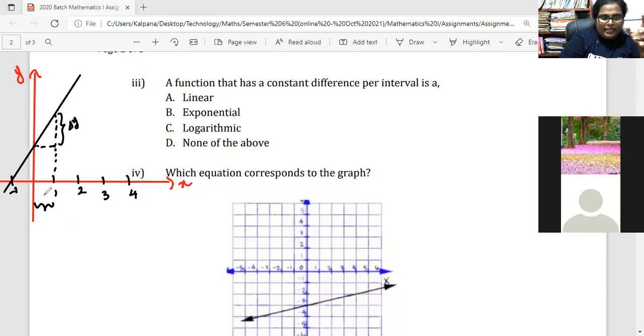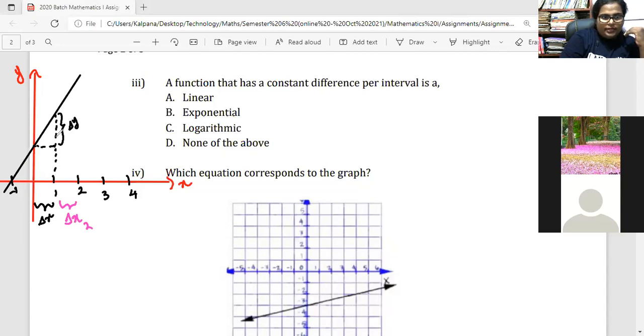Then the increment relevant to the delta x is this delta y. It is how much this function increases along the y-axis. Here constant difference per interval is telling like that, right? So when you take this difference here, if we take this interval, here we will take this one as delta x2, right?